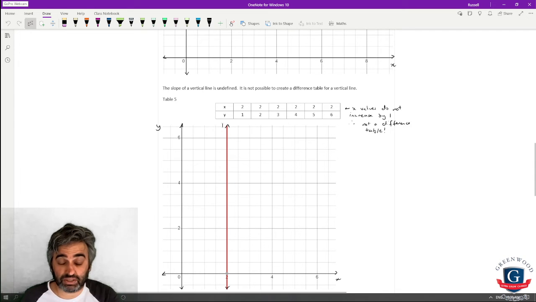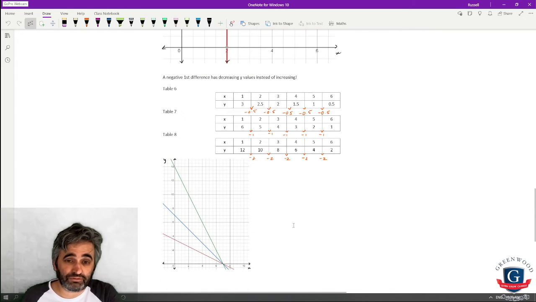So what we have to do is just use a table of values, and we can say when x is 2, y is 1. When x is 2, y is also 2. When x is 2, y is 3. That's what this table here is representing. We say the gradient in this case is undefined because we can't define the gradient in terms of changing x values.